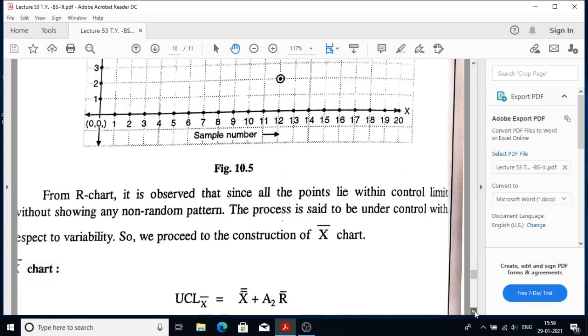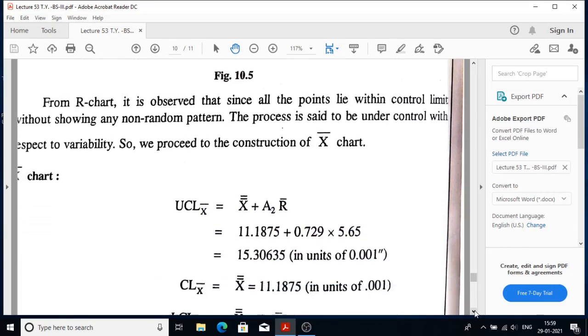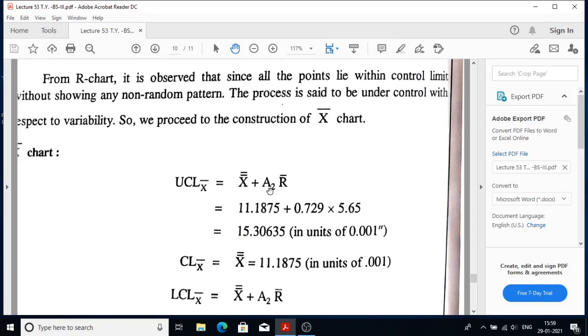So X bar chart will find upper control limit as X double bar plus A2 R bar. X double bar we already have calculated as 11.1875 plus value of A2 is 0.729 into 5.65. So upper control limit becomes 15.30635.